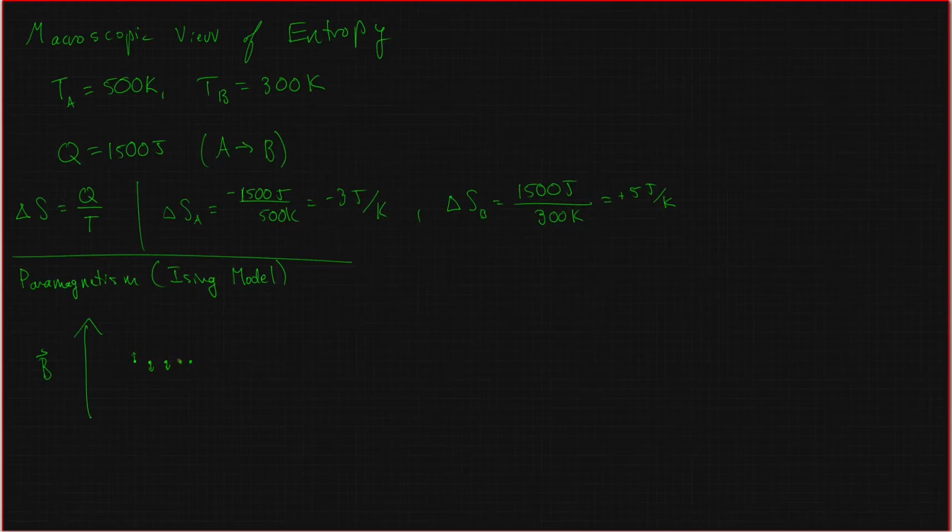And so they can be arranged in some number of ways, and we know how to calculate the number of ways, right? Because we know how to calculate the multiplicity for a two-state system. So generally what we do is we take the up state to have U equals minus mu B, because if you remember from E&M, whenever a dipole is aligned with the external magnetic field, that's going to be preferential, right?